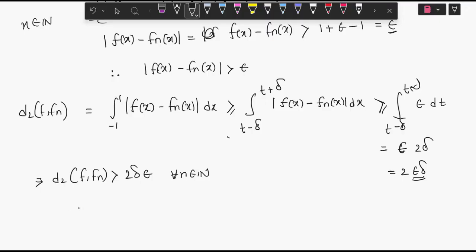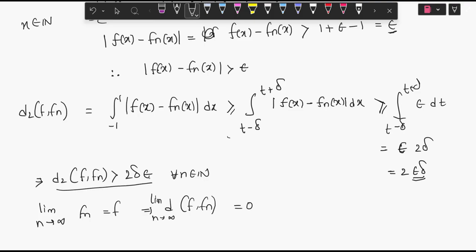But as we considered the sequence fn such that limit n tends to infinity, fn is equal to f, that would definitely imply limit n tends to infinity of d2 of f comma fn is equal to 0. But d2 of f comma fn is greater than or equal to 2 delta epsilon, which is our contradiction.